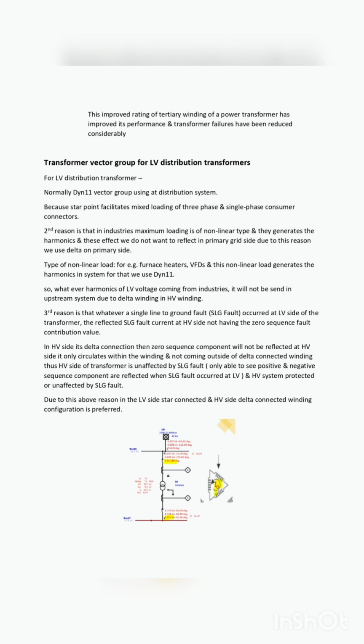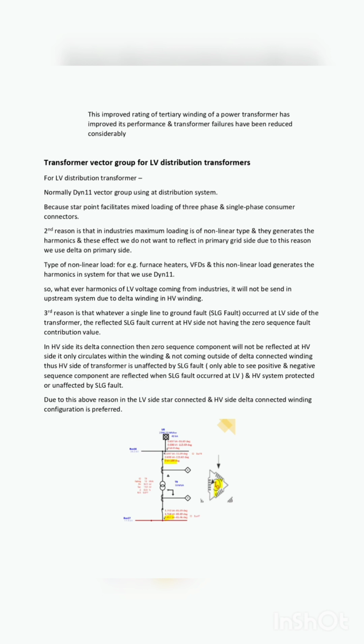The third reason is that when a single line to ground fault (SLG fault) occurs at the LV side of the transformer, the reflected SLG fault current at the HV side does not have a zero-sequence fault contribution. On the HV side it is a delta connection, so the zero-sequence component will not be reflected at the HV side; it only circulates within the winding and does not come outside the delta-connected winding.